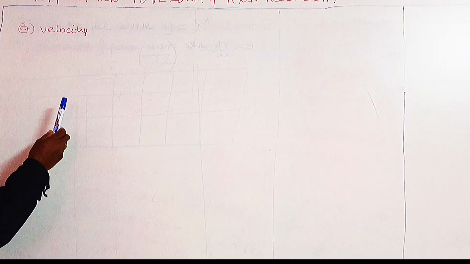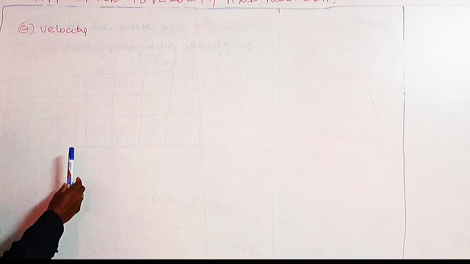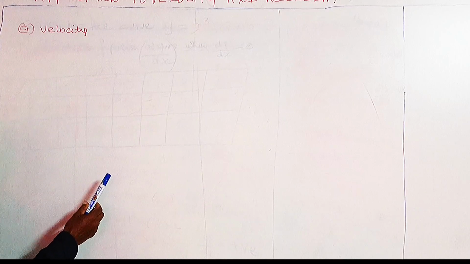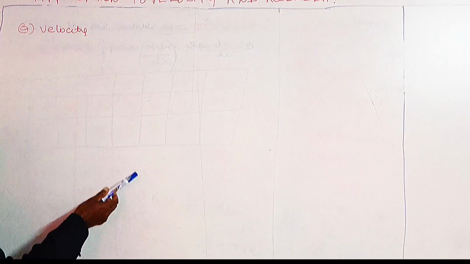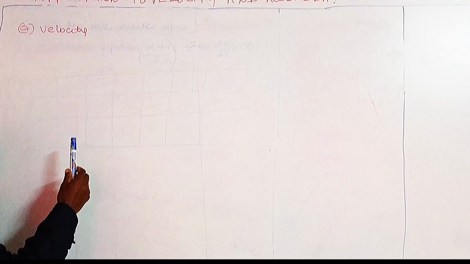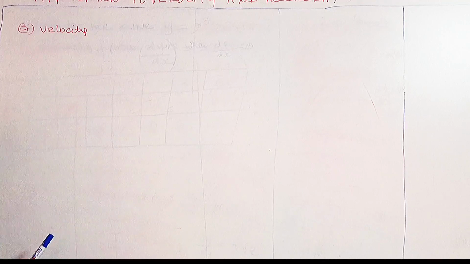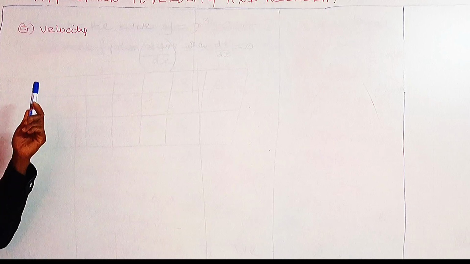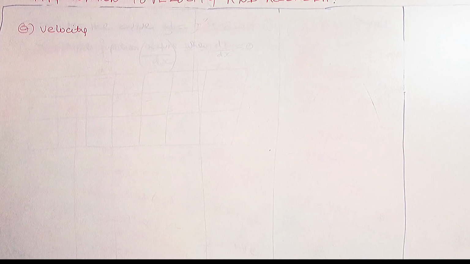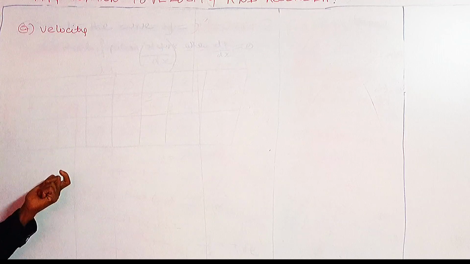Let's now move to application to velocity and acceleration. How we apply dy/dx to get velocity and to get acceleration. From our definition, we know that velocity is the rate of change of distance with respect to time.